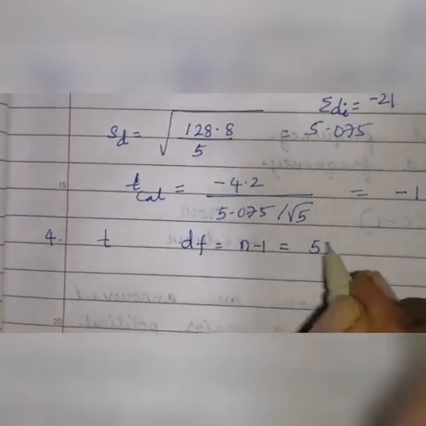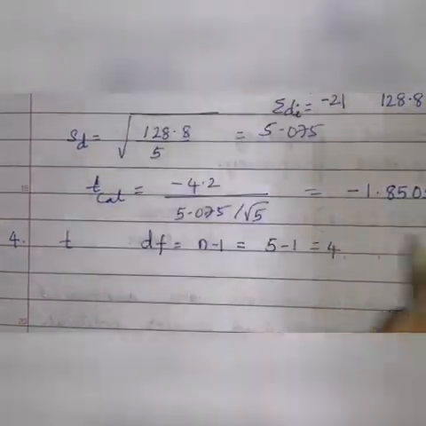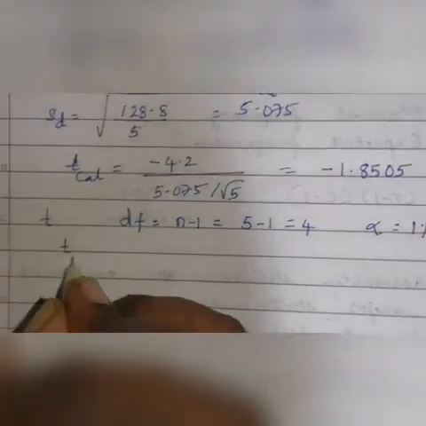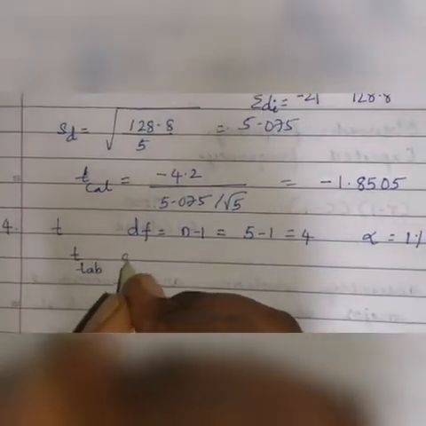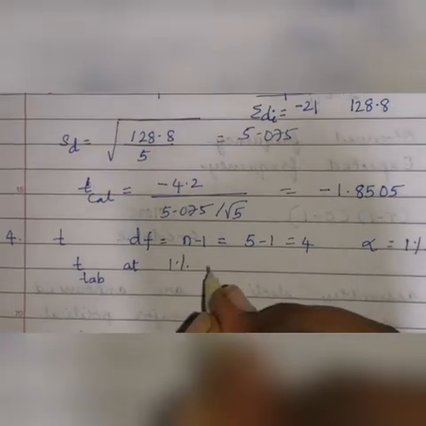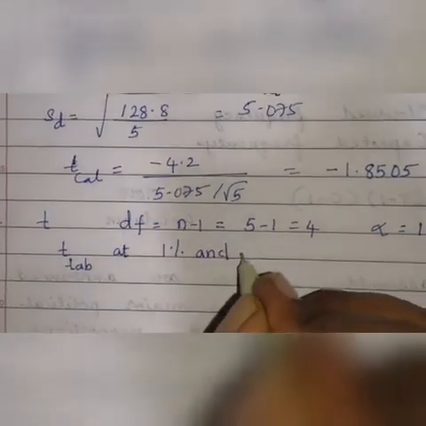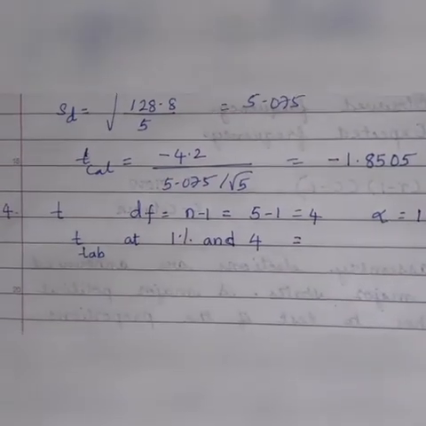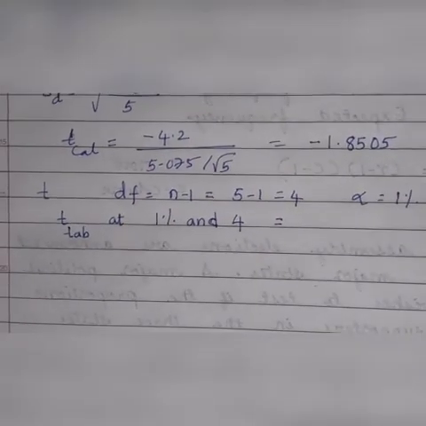N is 5 here, 5 minus 1 is 4, and the level of significance is 1%. So we have to find the T tabulated value at 1% level of significance and 4 degrees of freedom.